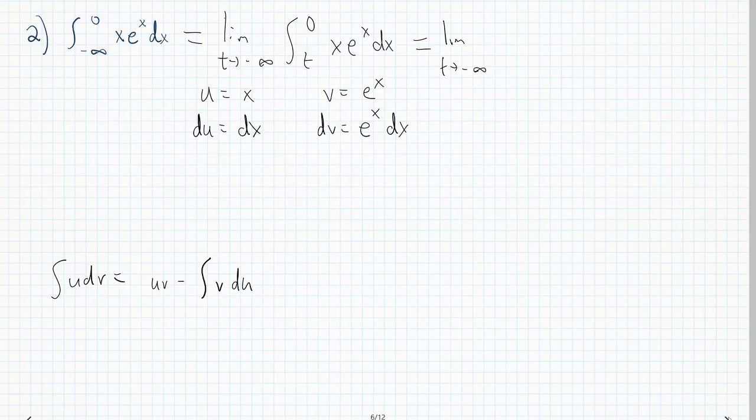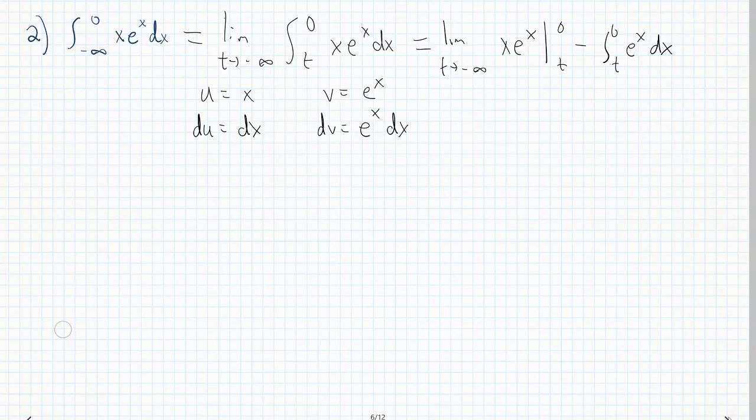So that's our formula if you don't remember the integration by parts formula. So now, writing this out, it goes uv, so that goes x e to the x, evaluated at t and 0, minus the integral from t to 0 of v du, so that would be e to the x dx. Okay, so we've used our formula, and we know the antiderivative of e to the x, so we're in good shape there.